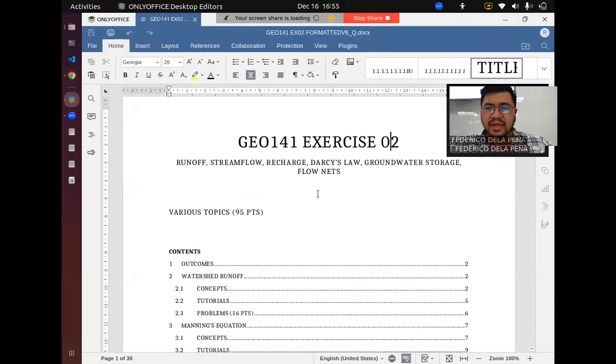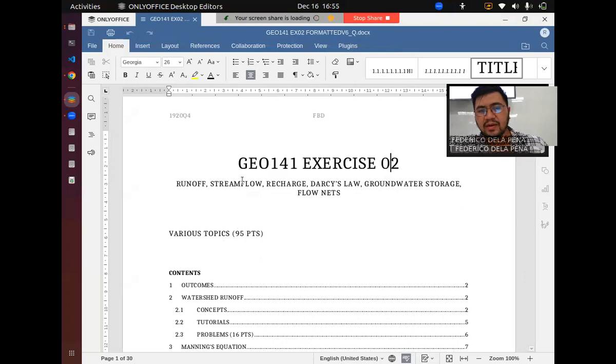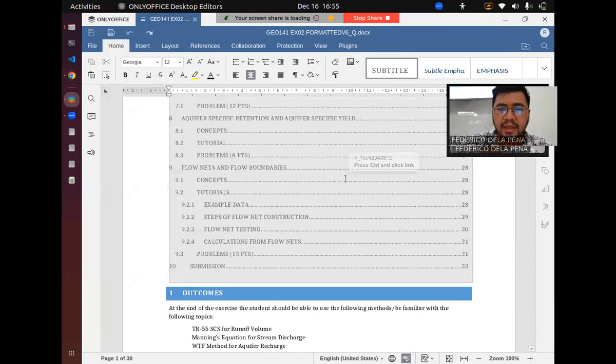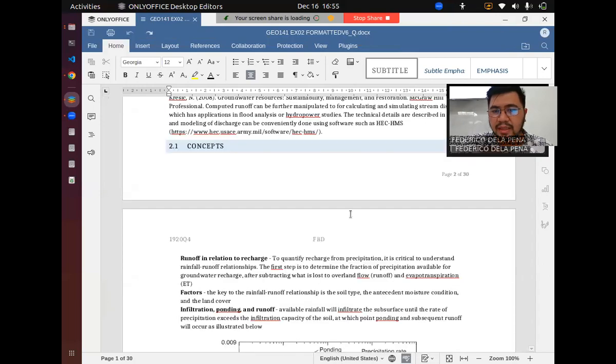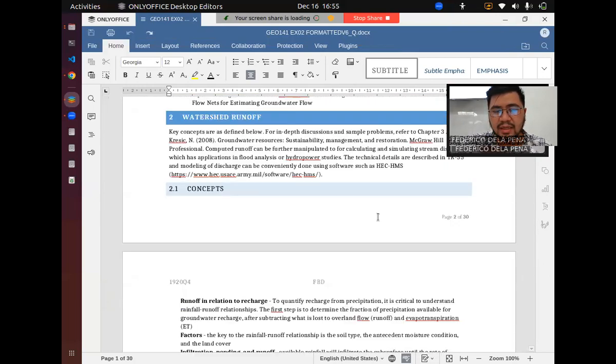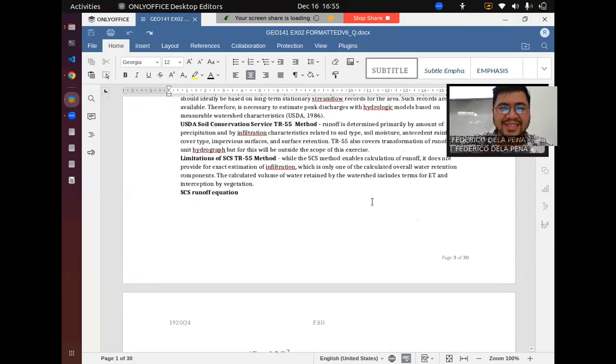Right, as you can see, we have various topics here: runoff, streamflow recharge, Darcy's law, groundwater storage, and flow nets. And the whole exercise is like 30 pages long.